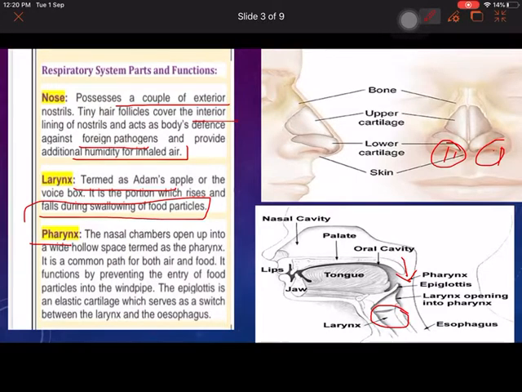On the windpipe there is a covering known as the epiglottis, which protects food particles from going inside your windpipe. It is elastic cartilage and acts as a switch. The larynx is actually your voice box also. The sound which is produced comes from this larynx.